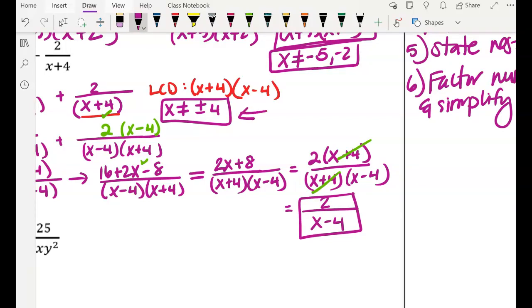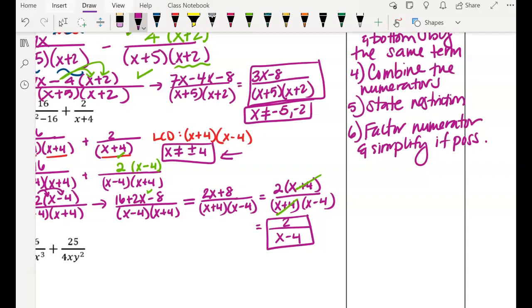Remember, we have to state the restrictions before we reduce, okay? So this is the first, that number 6 is applicable. That was not meant to be a cross out. Okay, so guys, out of all the examples we have done so far, this is the first time that we're able to factor out the last numerator and then reduce. Beautiful.